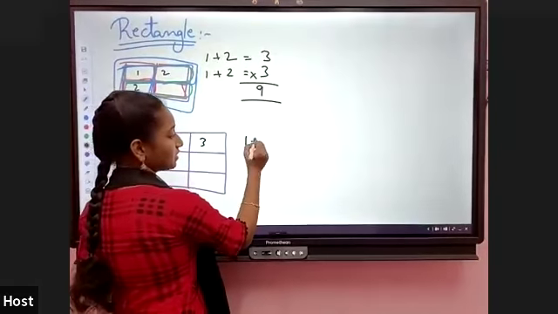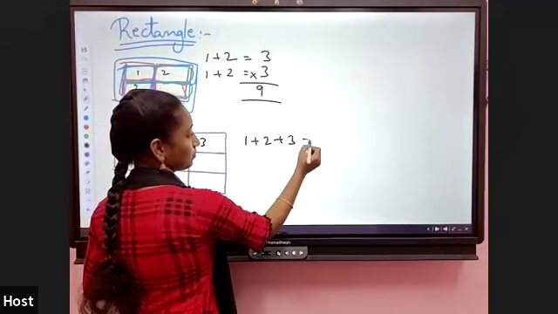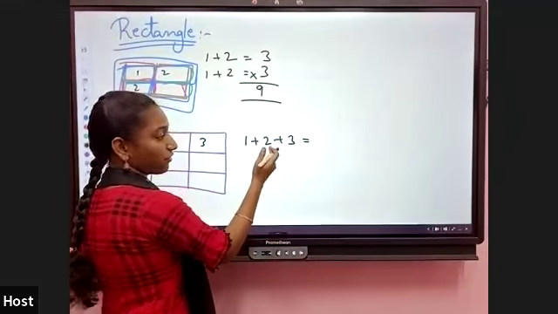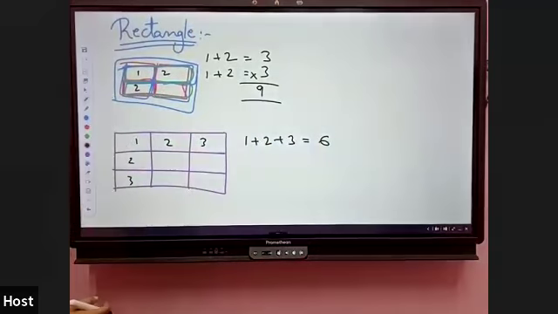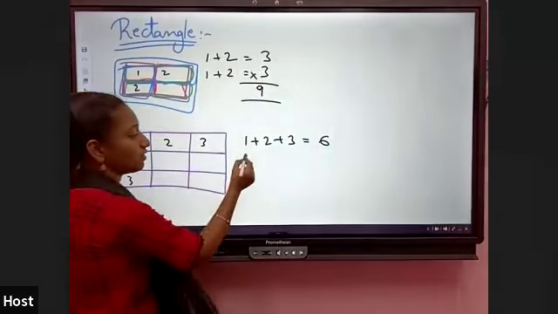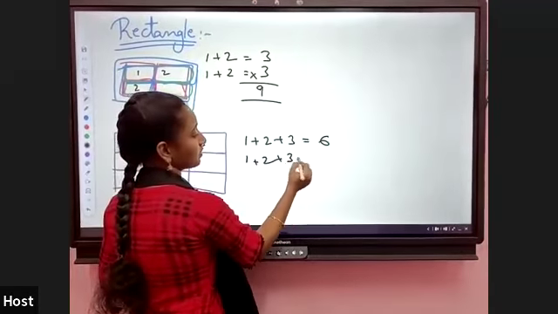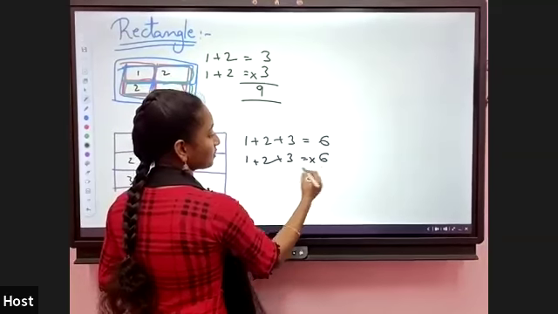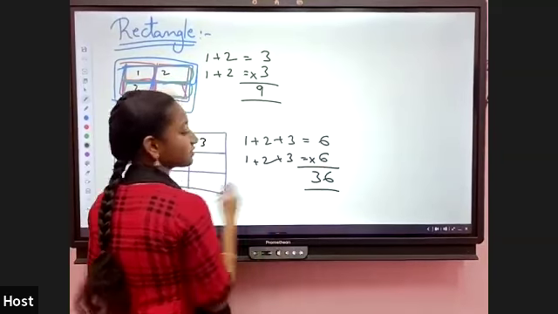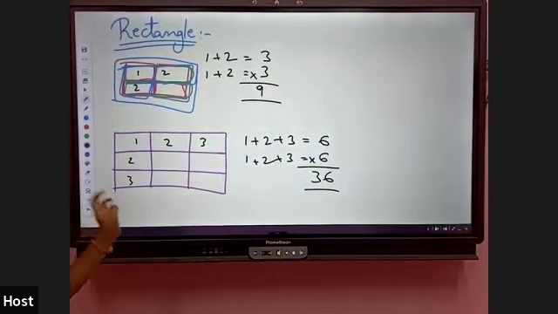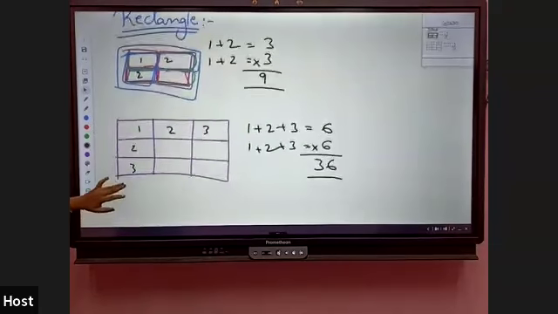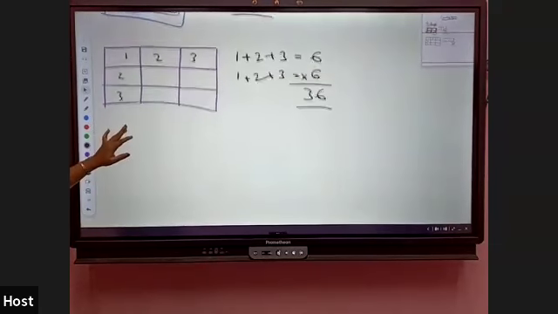First let us add the rows: 3 plus 2, 5, 5 plus 1, 6. Next, let us add the columns: 1 plus 2 plus 3, how much? 6. 6 into 6, 36. So in this figure, there are 36 rectangles. By counting also, the same answer will come for you.